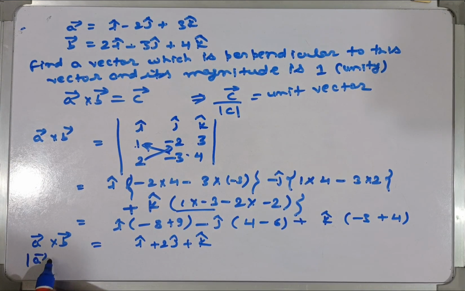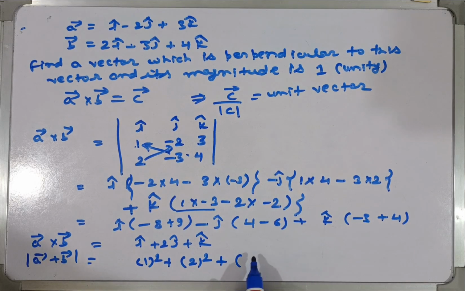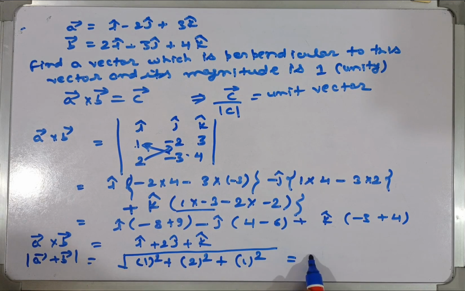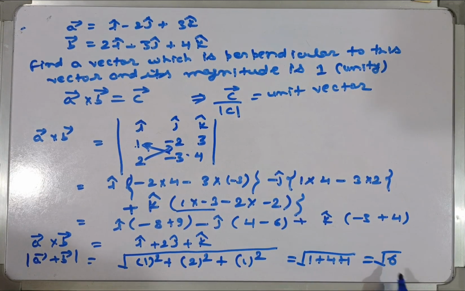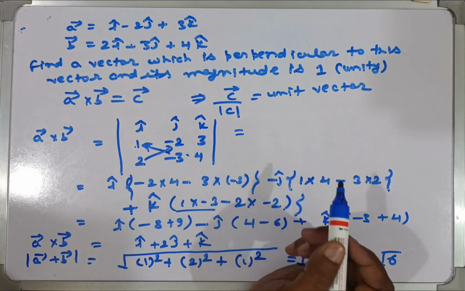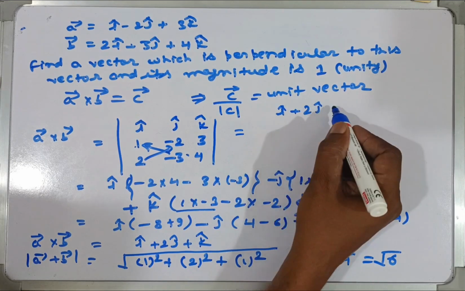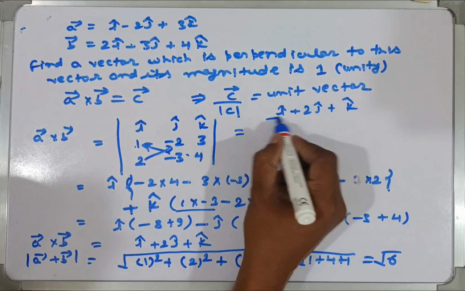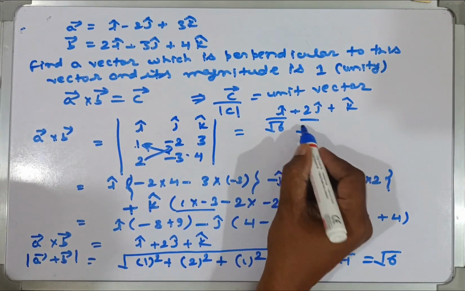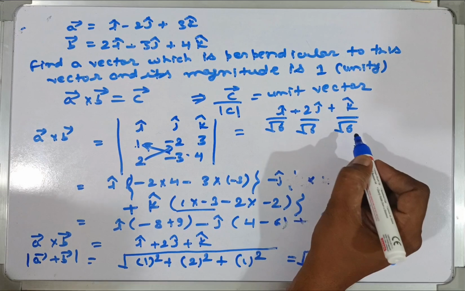The magnitude of this vector, guys, the coefficient of i is 1, so 1 squared, the coefficient of j is 2, so 2 squared, and the coefficient of k is 1, so 1 squared, take the square root, so this will be 1 plus 4 plus 1, which is the square root of 6. So our answer will be what guys? i plus 2j plus k vector, divided by root over 6. So this is our answer.